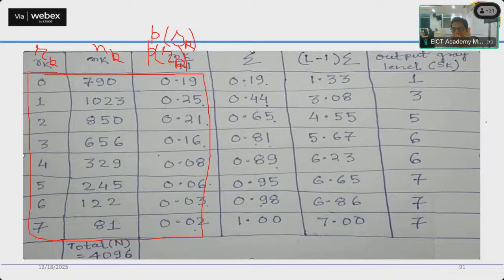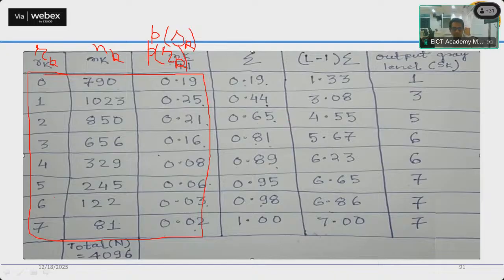It is the output gray level. Shruti, can you tell the value of S of K when the value of R of K is 0, 1, 2, 3, 4, 5, 6, 7? What is the value of S of K? Zero to 255? No, no.